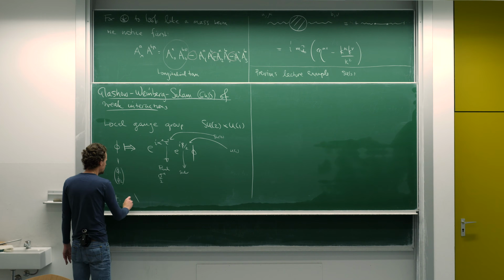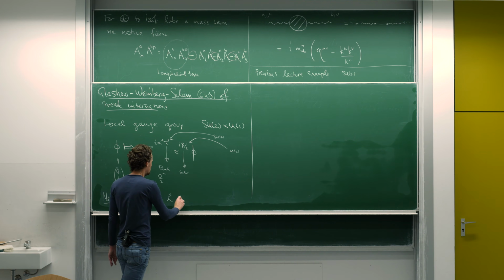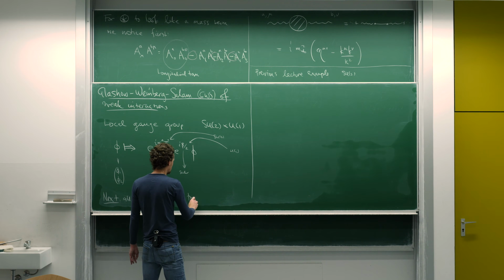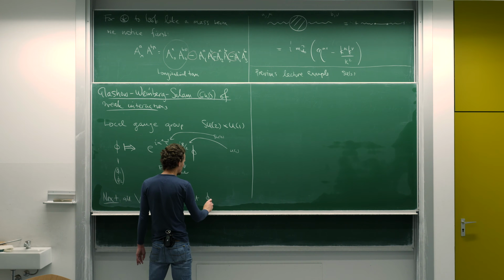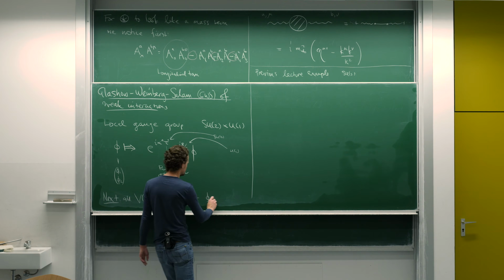So next we add a potential to L so that phi wants to oscillate around the classical minima of this potential.